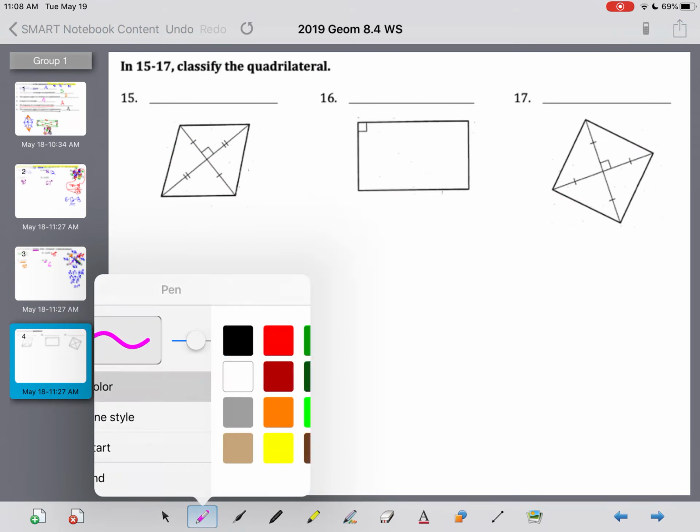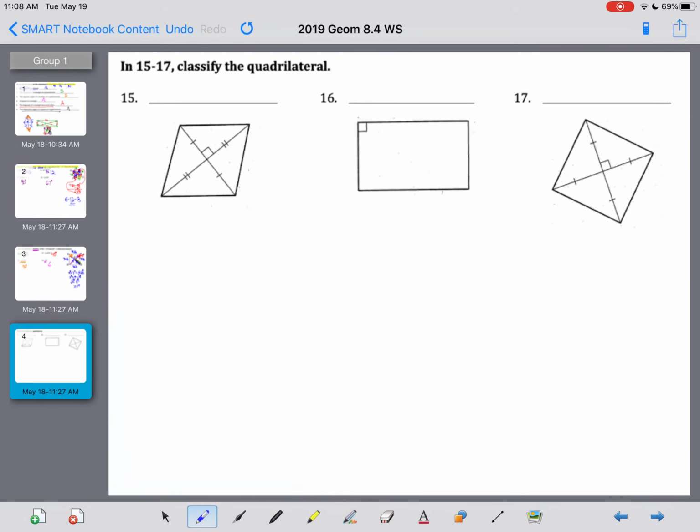Now, last part here is kind of fun. These are like puzzles here. If I have diagonals that intersect at a right angle and are also bisected, that has to be a rhombus. Can't be a square, and we can't just say parallelogram because parallelograms sometimes don't meet at a right angle.